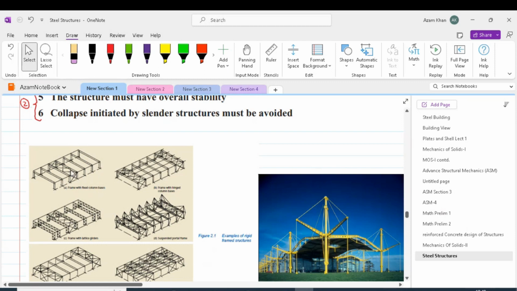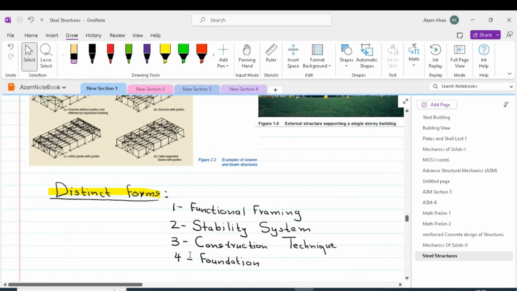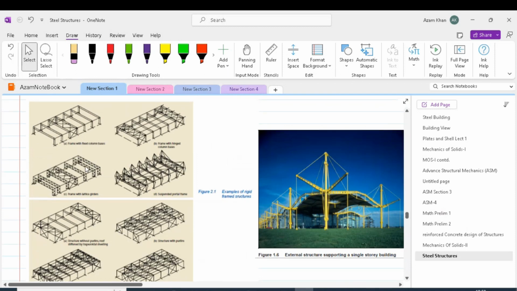We can have either the construction starting from the braced bay located in the middle, or we can construct two braced bays at the end and then make our way towards the center. Similarly, we can have different foundation systems provided to these structural forms.